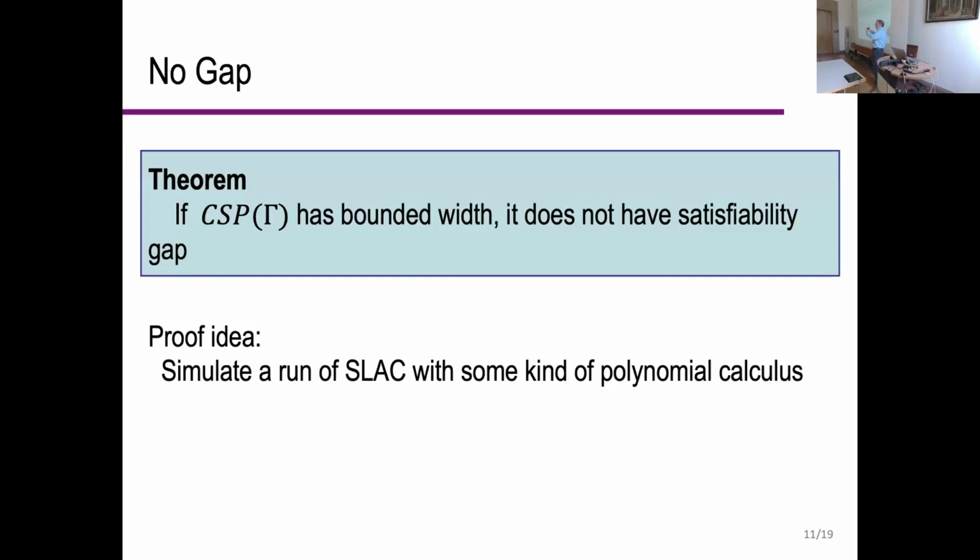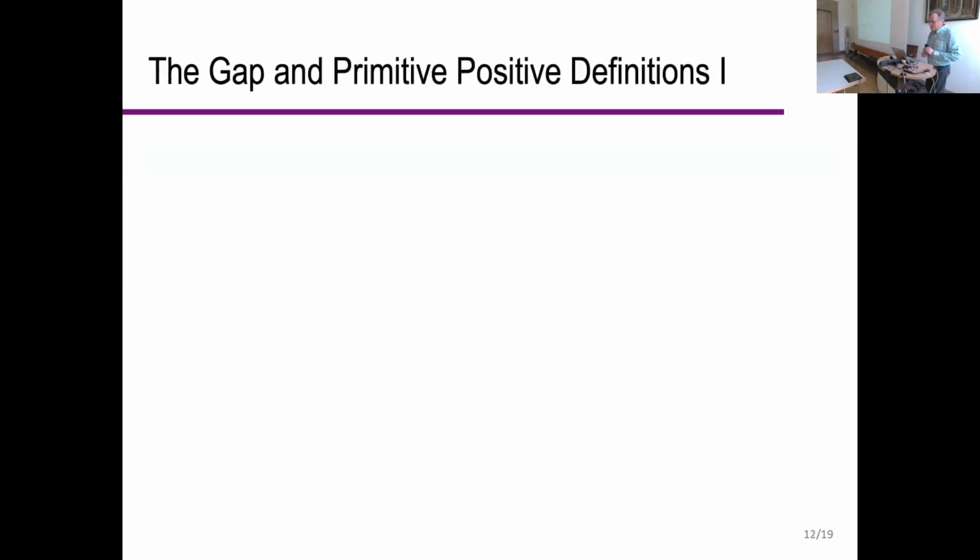If we can do that at the level of polynomials, of course no operator solution can exist, because it still has to satisfy the polynomials. If the polynomials are not satisfiable at all, like 1 equals 0, we cannot satisfy it with operators either. So the no-gap side is basically proved by some sort of polynomial calculus. The interesting part is how to prove that when there is a gap. That's a little bit more involved and interesting side.